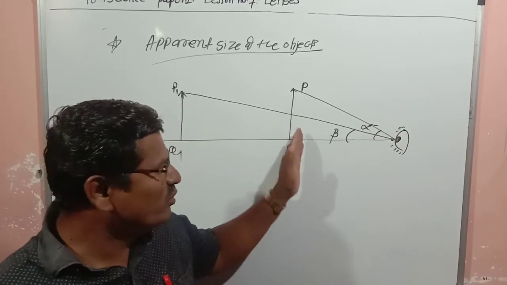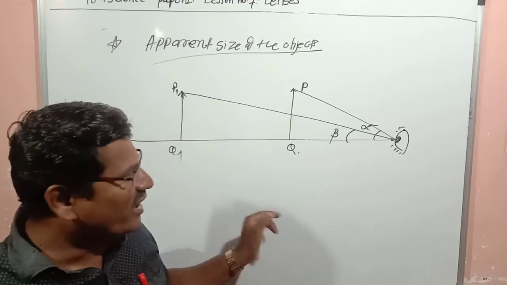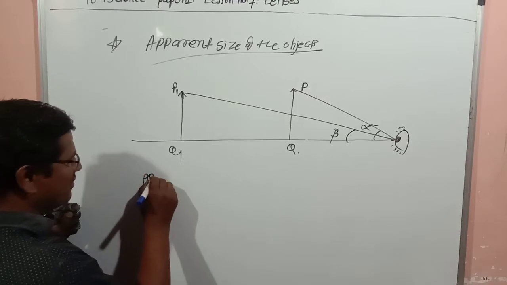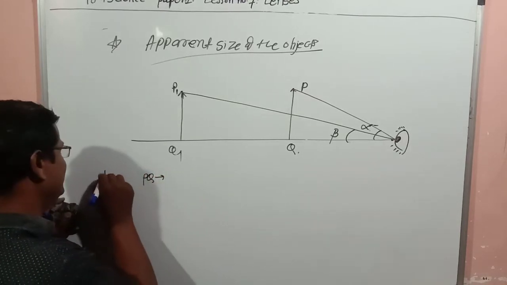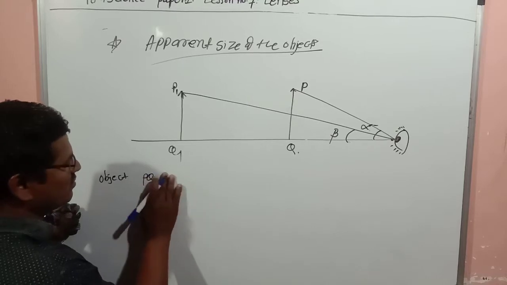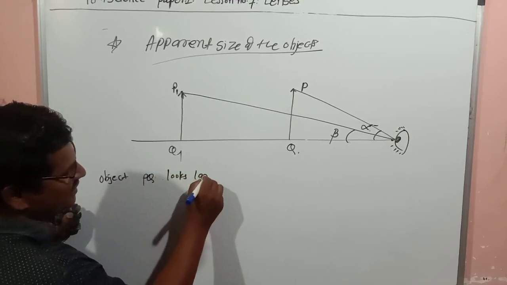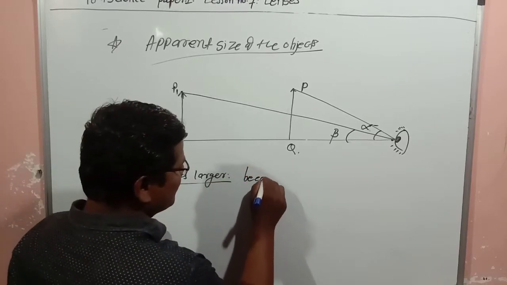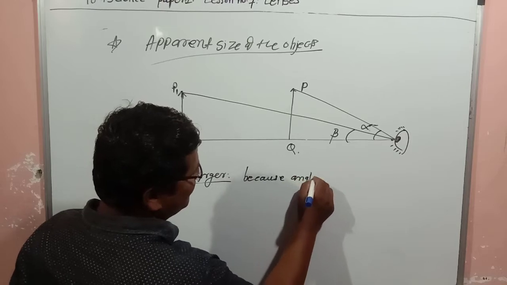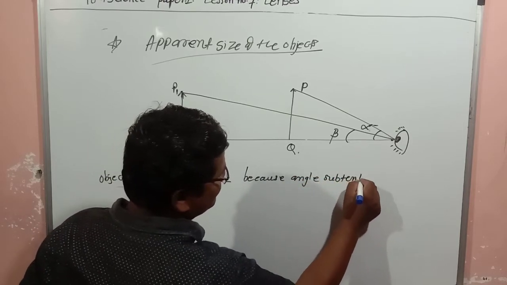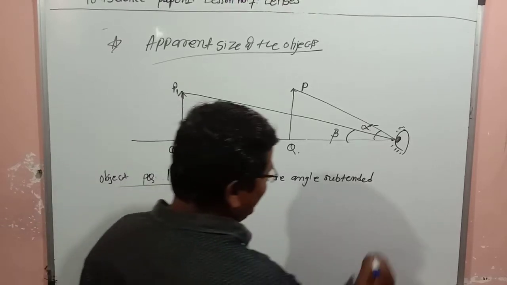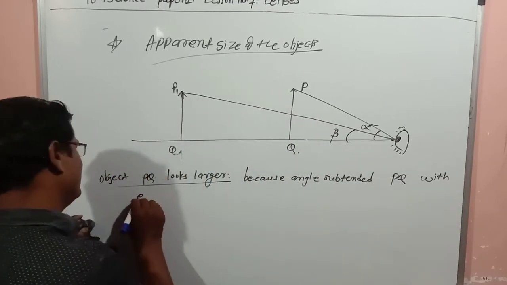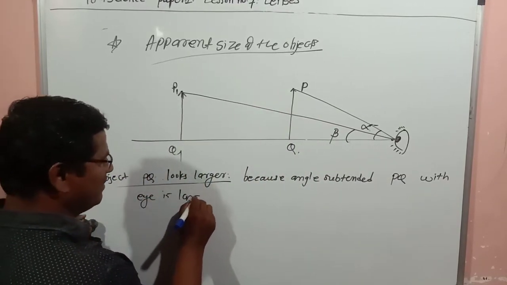So why is PQ looking larger? Because the angle subtended by PQ with the eye is larger.